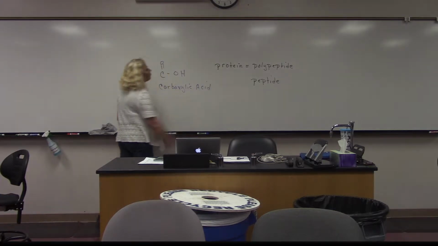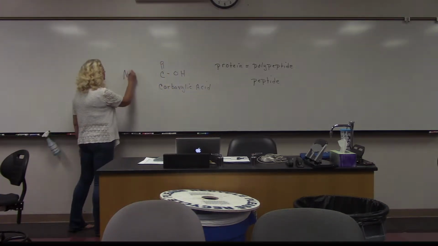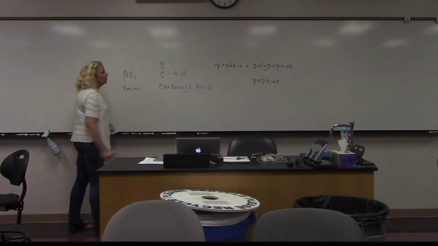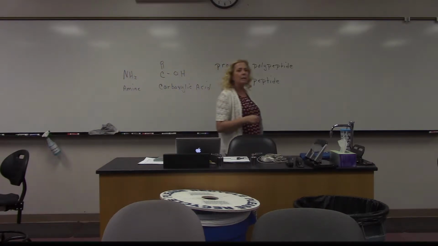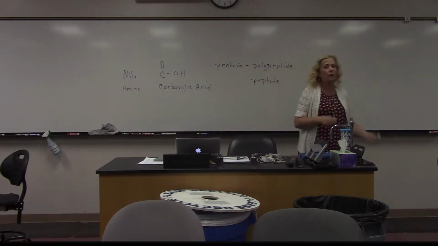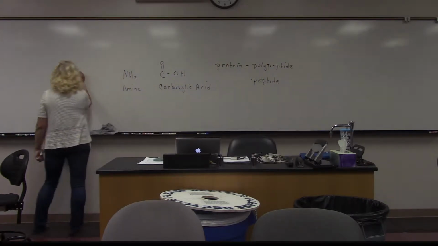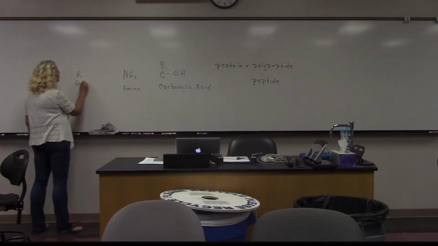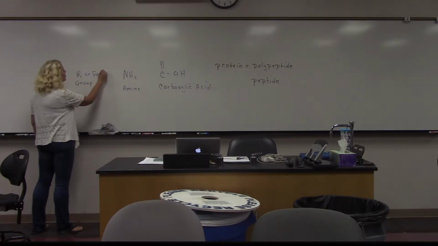And then every amino acid is going to have an amine group. Okay? But to make each of the 20 amino acids a bit different from each other, we're also going to have what's referred to as an R group, or this is also called a functional group.